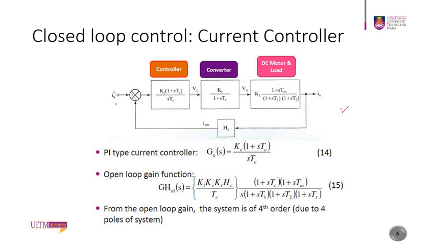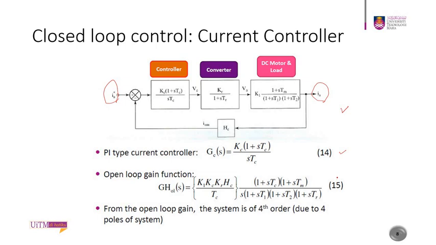You have your input, IA, and the output will be the current. So current input and current output, and then you have your feedback system. This will be the gain for the PI type controller.